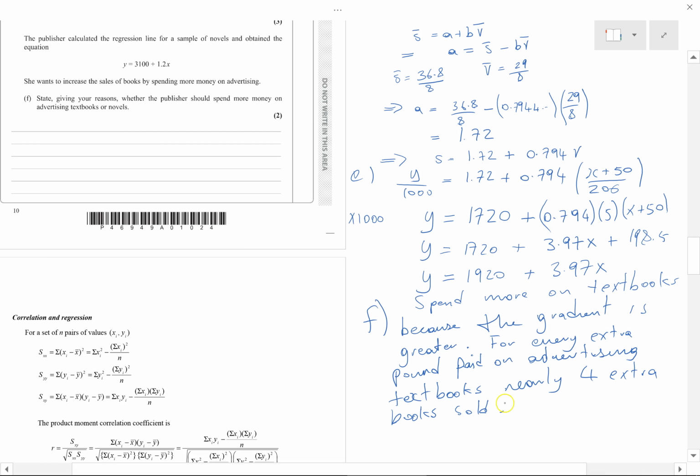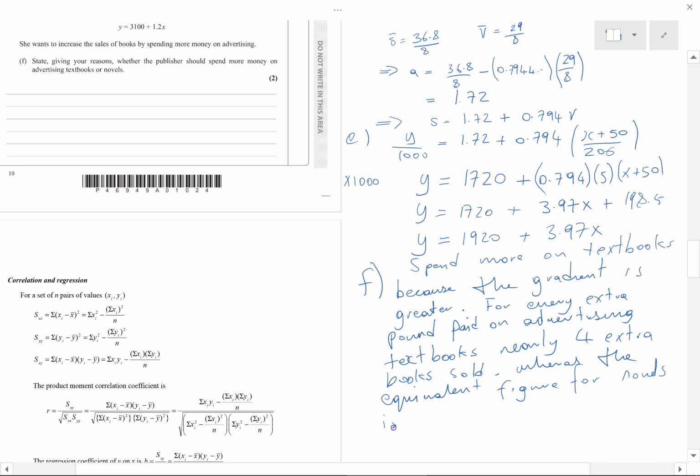So for every extra pound paid on advertising textbooks, nearly 4 extra books are sold, whereas the equivalent figure for novels is £1.20. Something like that. That's more than is required, but at least we put things in context there.